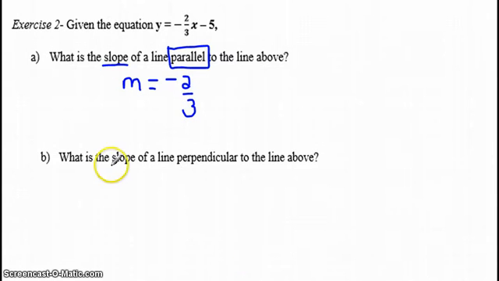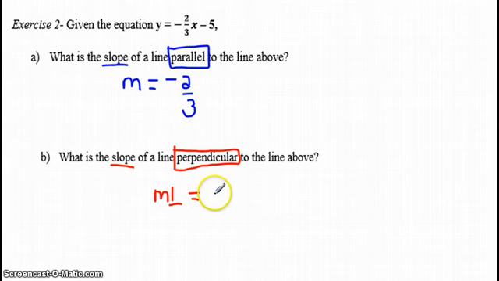Then for part B, it's saying what is the slope of a line that is perpendicular? Again, perpendicular lines have negative reciprocal slopes. So my slope of a perpendicular line would be the opposite sign of negative, which is a positive, and then the 2 and the 3 are flipped and switched. So now our slope of a perpendicular line would be 3 over 2.